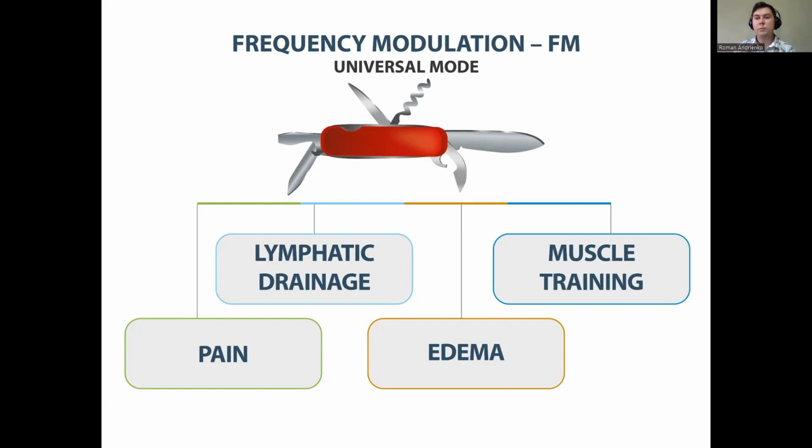And when the frequency is changed automatically from high to low, low to high, that usually results in positive feedback from the body. And it can be used in pain relief and anti-edematic treatment. It can be used for lymphatic drainage, for muscle training.